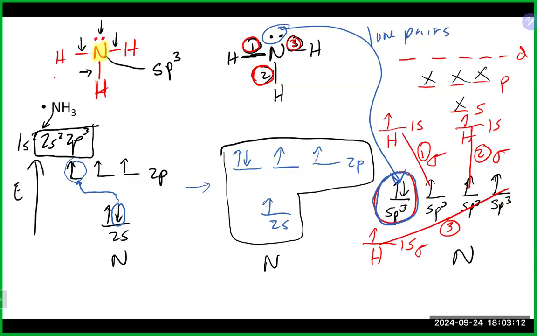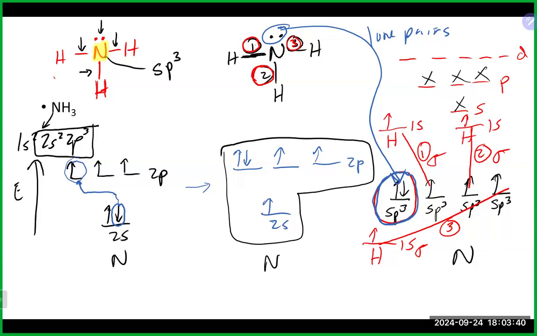So here hybridization accounts for all the bonds that we see in this Lewis structure and also all the lone pairs that we actually see in this Lewis structure as well. Any questions on that there? So hybrid orbitals can be occupied by bonding electrons. They also can be occupied by non-bonding electrons or lone pairs like we see here in our NH3.